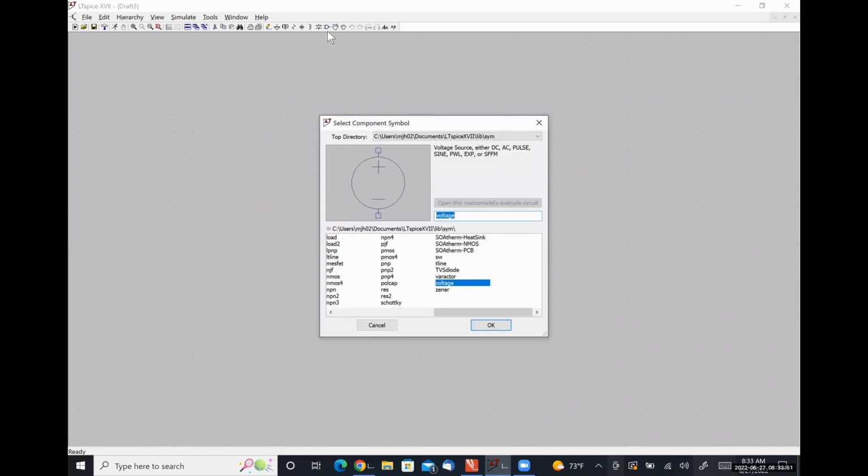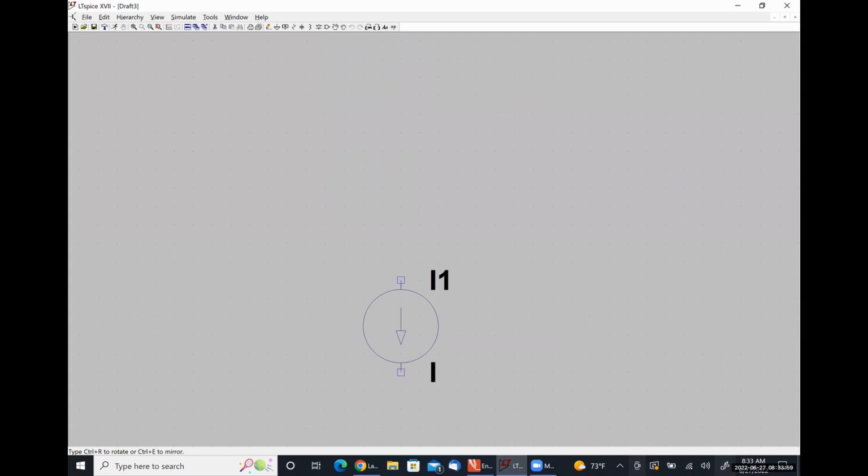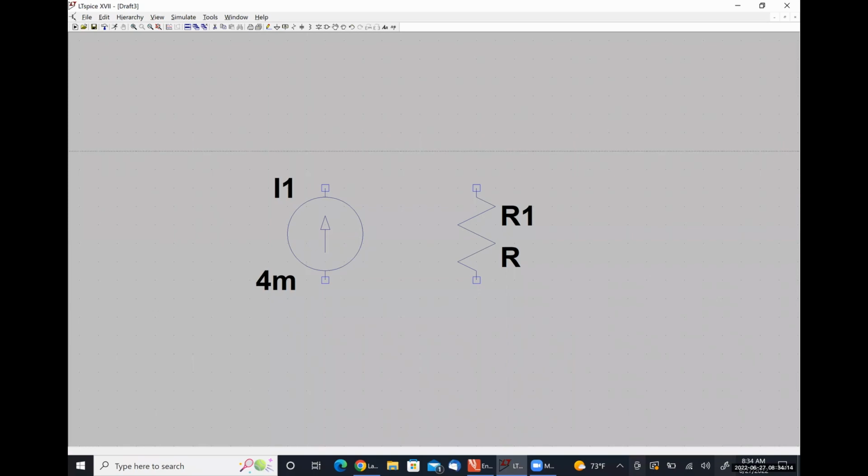So let's bring up a new thing here. I want current source direction up. I want it to be 4 milliamps. Parallel with this, 1 ohm resistor. I'm not going to bother drawing the second 1 ohm resistor in our circuit because it isn't actually connected during the transient condition.